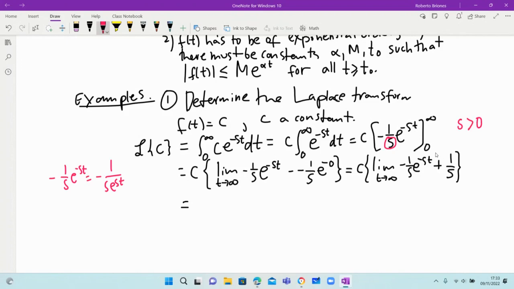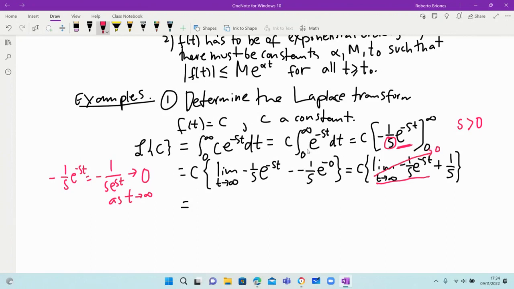Otherwise, if s is negative, then this expression will actually be undefined as t goes to positive infinity. So as long as s is greater than 0, then we will be able to evaluate this limit. And in fact, we have the license to say that as t goes to infinity, this expression here goes to 0. This will disappear.